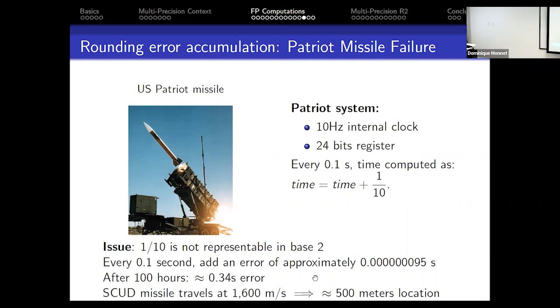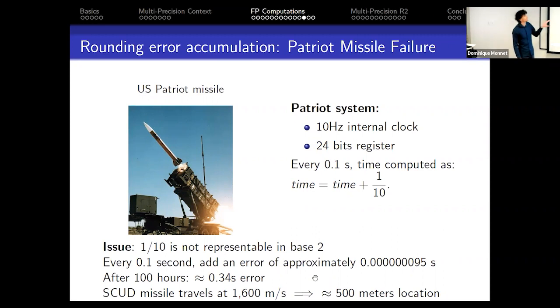The problem here is that you cannot represent 1/10 exactly in the machine, because in base 2 you cannot express 1/10 as a finite sum of powers of 2 to the minus something. So in the 24-bit register, every 10 seconds, they would add a small error. But when you run it for 100 hours, you get a computed time with 0.34 seconds of error.